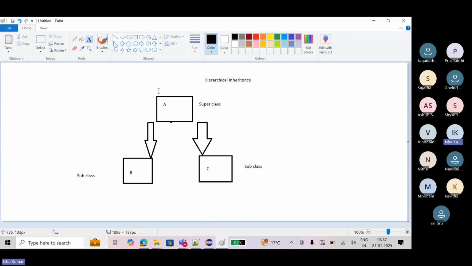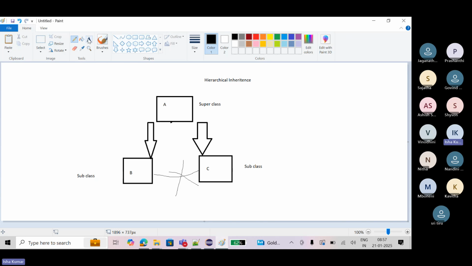There will be direct, separate, independent child classes, but there is no relationship between B and C. Both are children of A only.